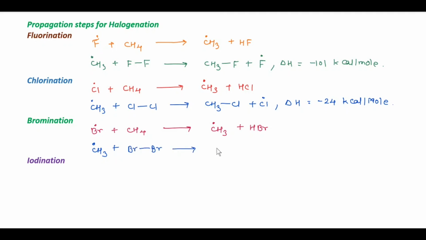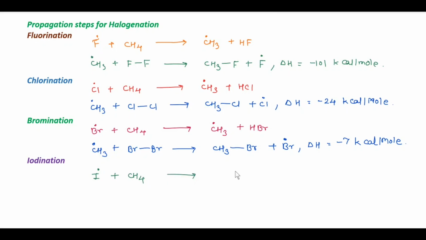It gives methyl bromide plus Br radical. The energy change for this reaction is minus 7 kilocalorie per mole.